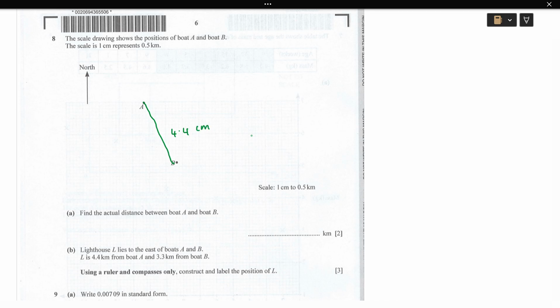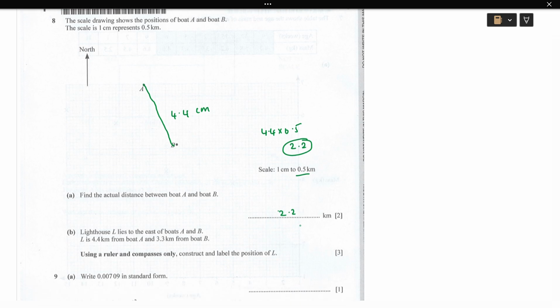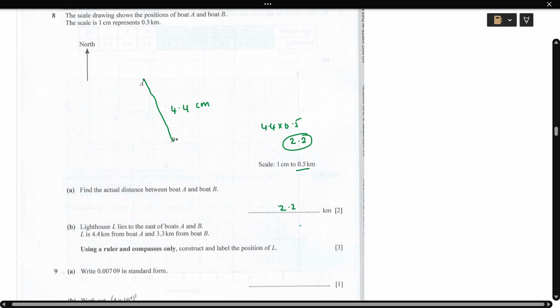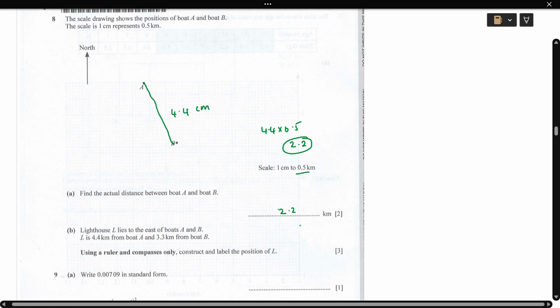So 1 centimeter is 0.5, so 4.4 times 0.5 is 2.2. So I'll write the answer as 2.2 kilometers.